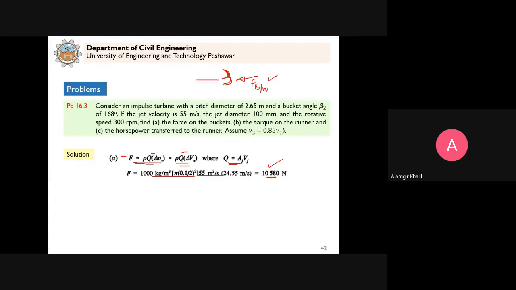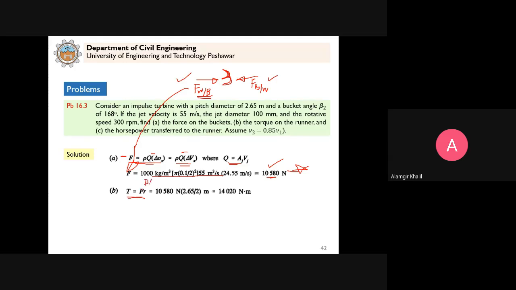So what will be the force of water on the buckets? It will be equal and opposite. This is the concept we used in momentum and forces in fluid flow, chapter 6 of the textbook. This is the force that we calculate here: force of water on buckets in this direction, equal and opposite to this. Now the torque will be F into R, or D by 2.